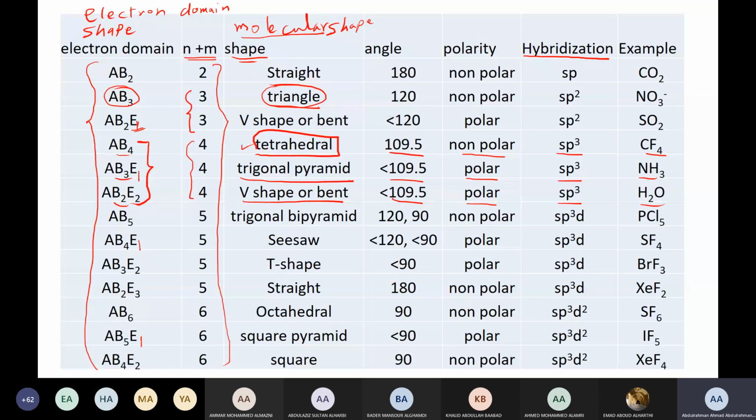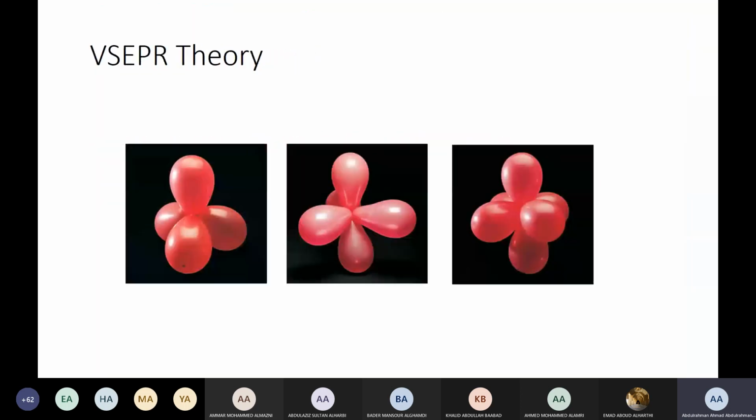There is a difference. As I said, these are the electron domain shapes. So, for example, what's the shape of this molecule? Tetrahedral. This shape is going to be for three examples.